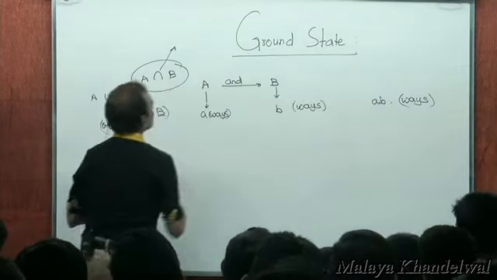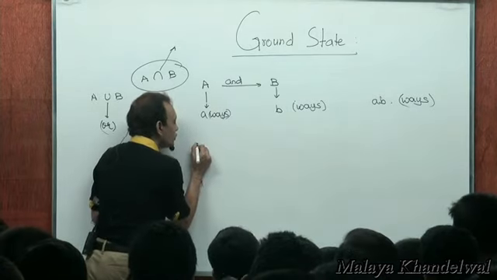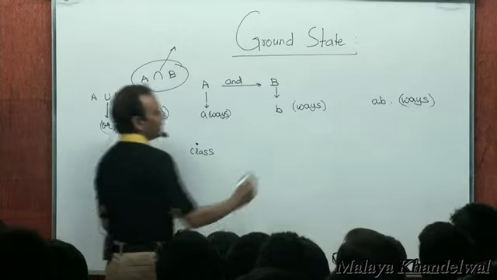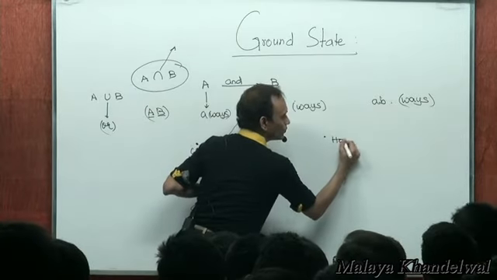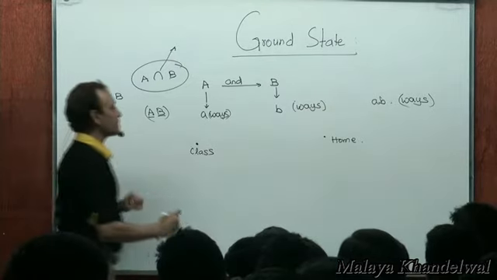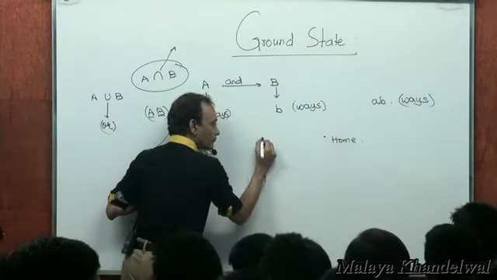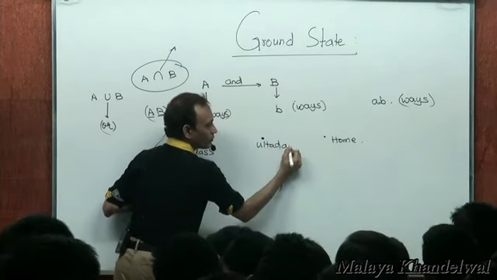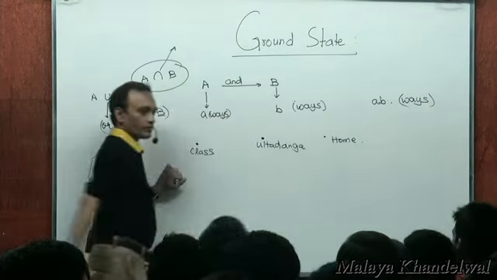Say for example, you are at my class right now. Okay? And that's your home. The way you go home is from the class, let's say you go to Ultadanga. Right?